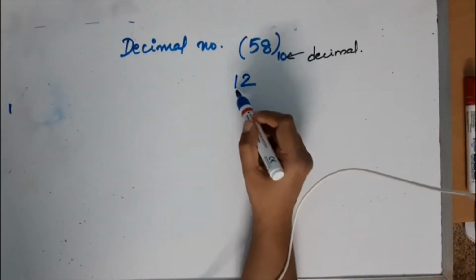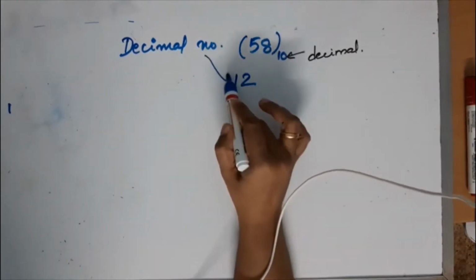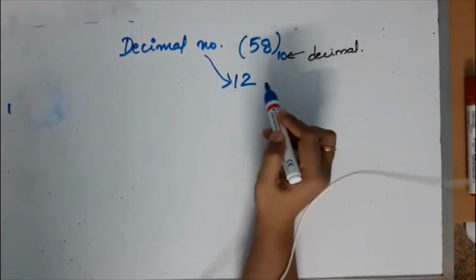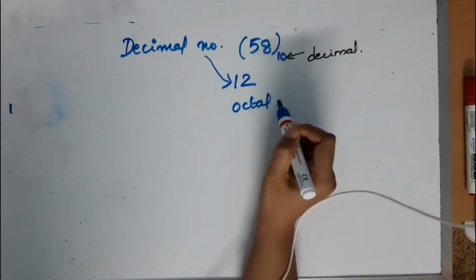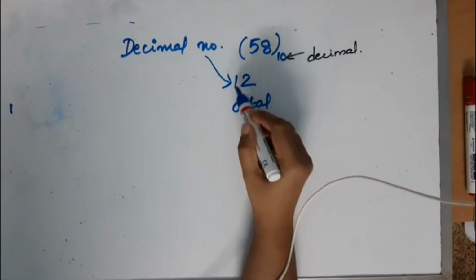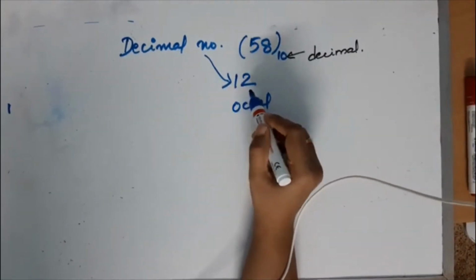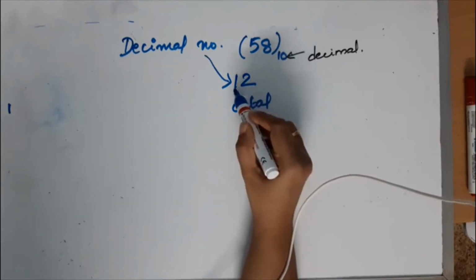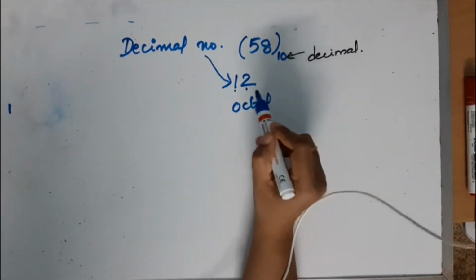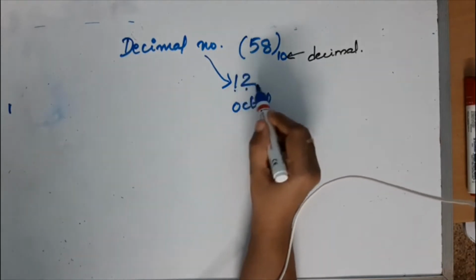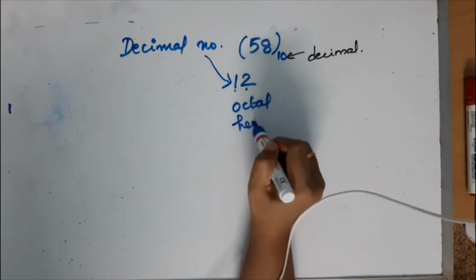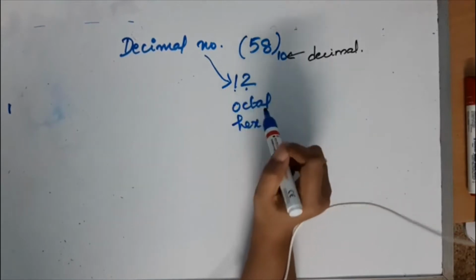Maybe you meant it as a decimal number 12, but 12 can be decimal, it can be octal also. It can't be binary, but it can be octal because 1 is octal and 2 is octal. It can be hex also, octal or hex.